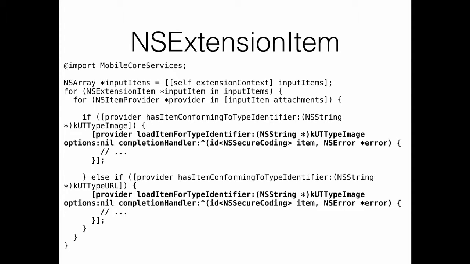But in your application, you have to decide at what point you need to do something with that information. If you're just collecting this information, and let's say you want to post it out to a website, you may wait until almost the end of the app extension's life, so after they tap the post button. If you want to present it on the screen, then as soon as your app extension comes to life, you'll want to go through this process of loading that data.